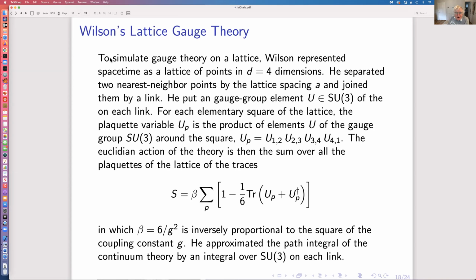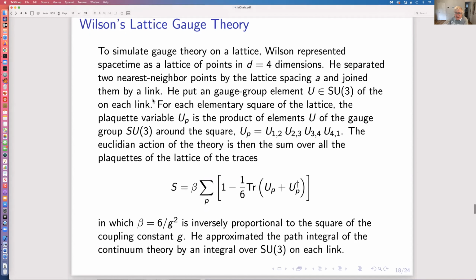In any event, to simulate lattice gauge theory, Wilson represented space-time as a lattice of points in d equals 4 dimensions. And he separated two nearest neighbor points by something called the lattice spacing a and joined them by a link.